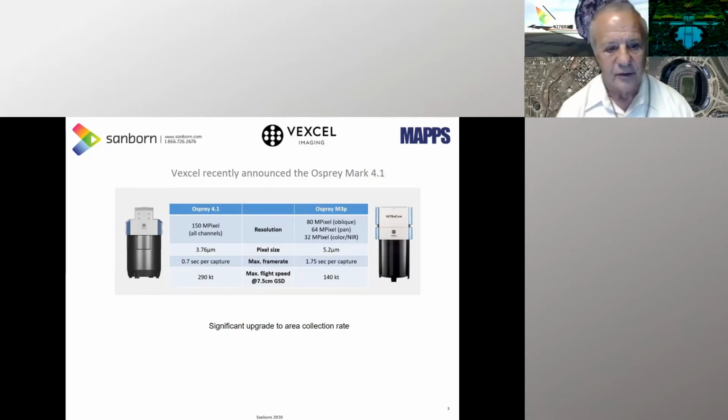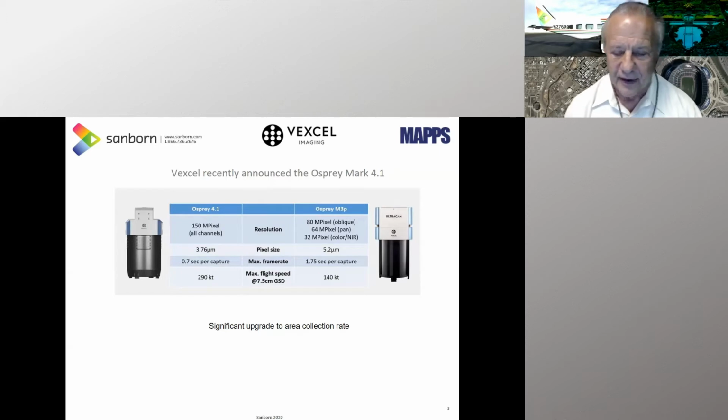Mainly it has to do with the capture rate and the resolution and capability of the cameras in the system. If anybody wants to get into the details of all that, I encourage them to get hold of Jerry, and he can walk you through everything that makes that new 4.1 a really nice system.